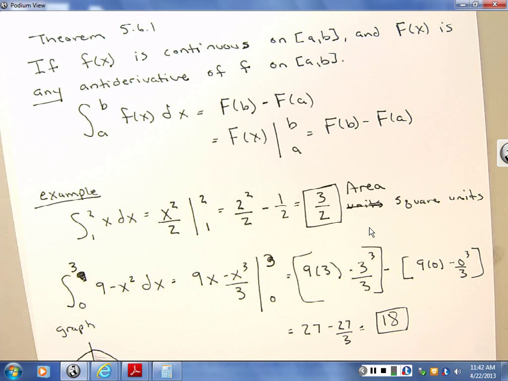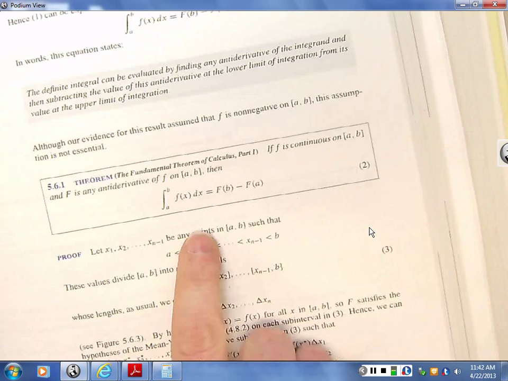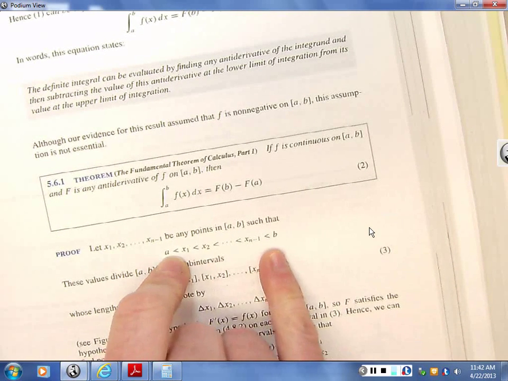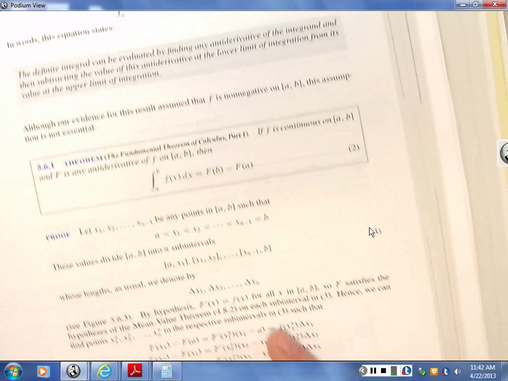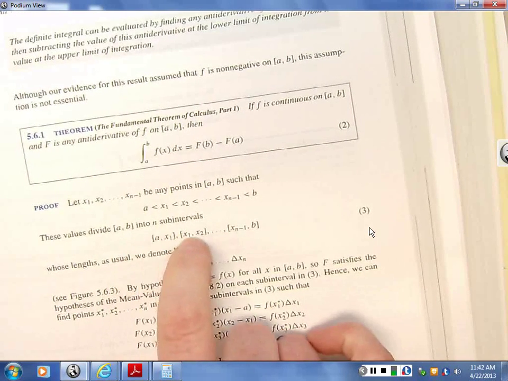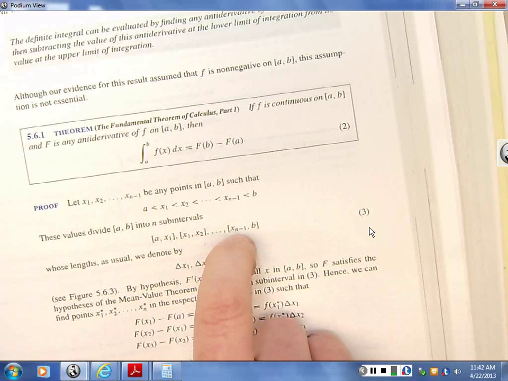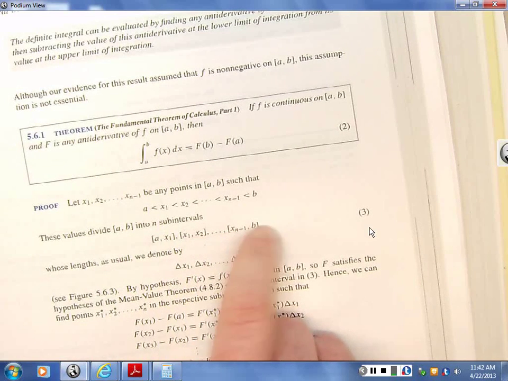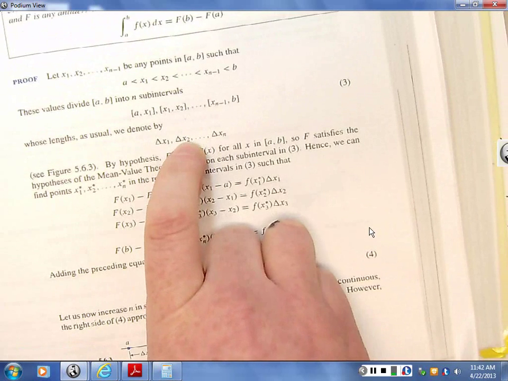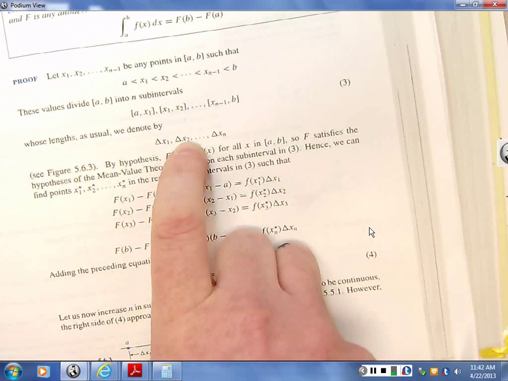The proof for this is in the book, if you really want to see where this is coming from. So the fundamental theorem of calculus: the proof says, let's take intervals in between a and b. If I divide them up into subintervals, they look like a to x1, x1 to x2, x2 to x3, all the way up to x(n-1) to b. So I have n subintervals, and I can use delta x as the length of each subinterval.